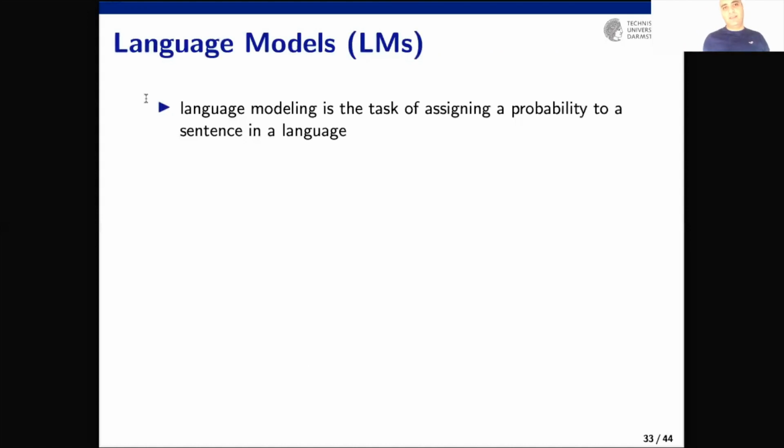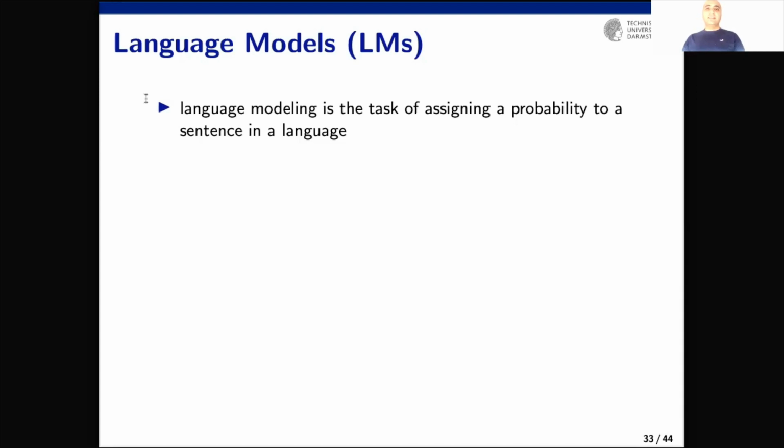Okay. Now that we discussed training as an optimization problem, and we also discussed backpropagation, now we want to talk about language models. Language modeling is known as a fundamental machine learning and natural language processing task.